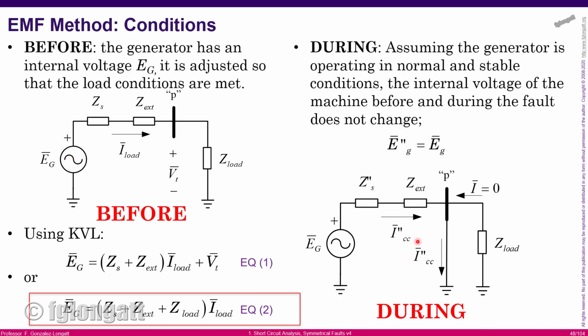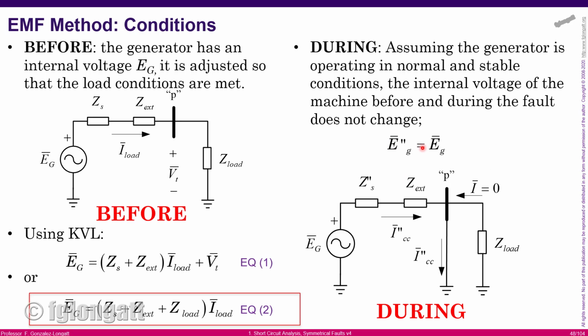During the fault, we install here a short circuit, and during the short circuit, now the machine has a model. Remember that we are studying the subtransient period, and in the subtransient period, the model is the subtransient voltage, but we are assuming that the voltage regulator of this machine is not acting, and as a consequence, the internal voltage is the same during the short circuit.